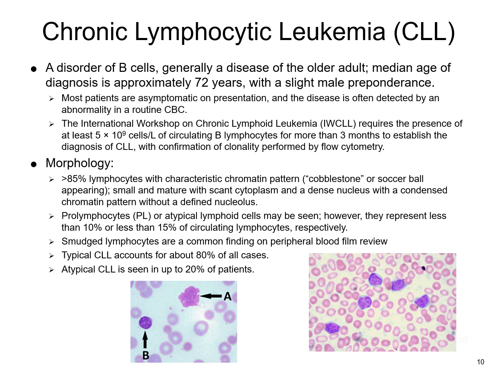This is often referred to as a cobblestone or soccer ball type appearance. You can see that in the image at the bottom. They kind of look like normal lymphs, just that the nucleus is a little more condensed than you would typically see, and you barely have any cytoplasm.